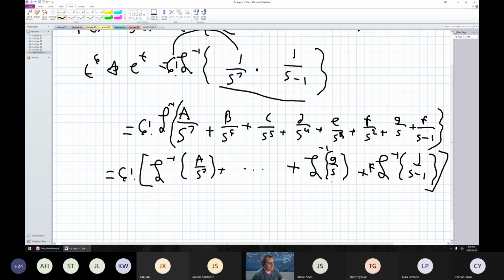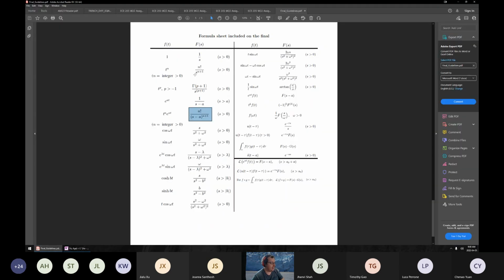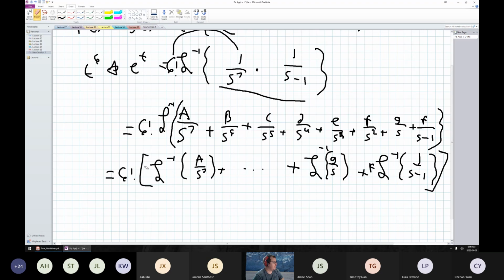If I look at these different terms, since this is s to the 7th, if I go to my chart, n is going to be 7. Or sorry, n is going to be 6, so I need a 6 factorial above. Hey, here I actually have my 6 factorial, so I could pull this 6 factorial inside and rewrite the first term.